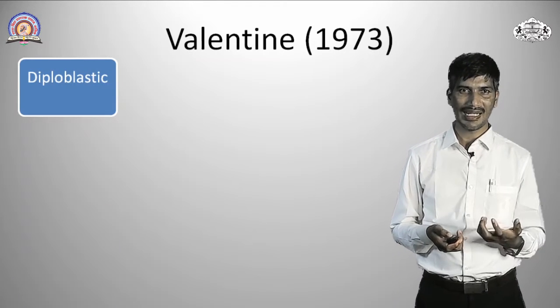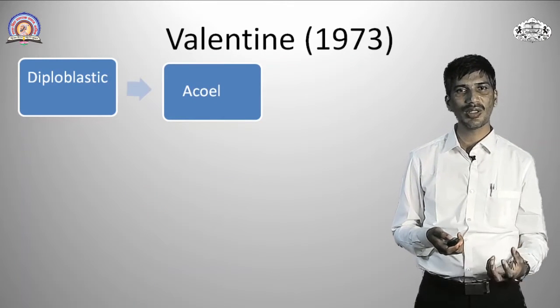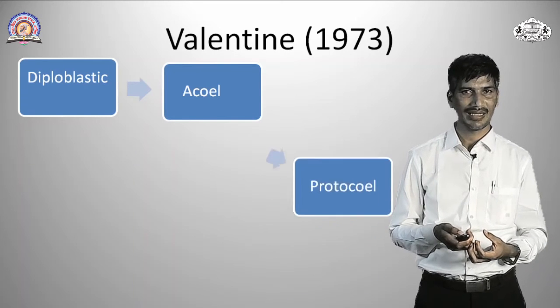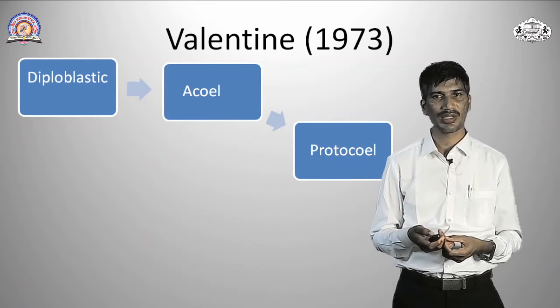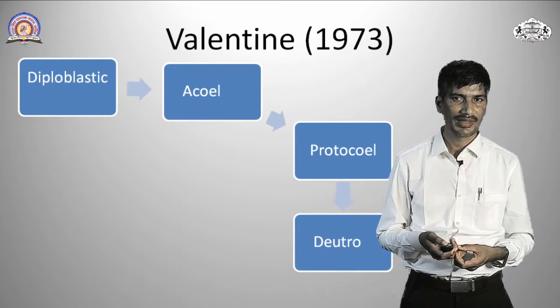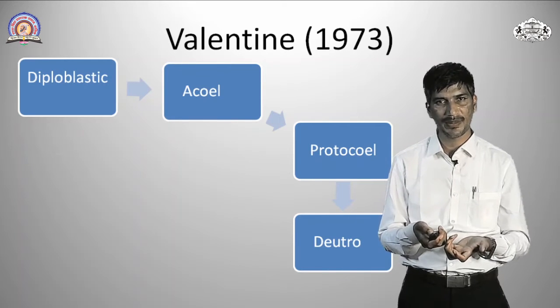He suggested that there is a diploblastic animal. The diploblastic animal actively participates in the development of the acoel. Then the acoel group is the next development, the origin of the protocoel. The protocoel actively participates in the development of the deuterocoel animal.